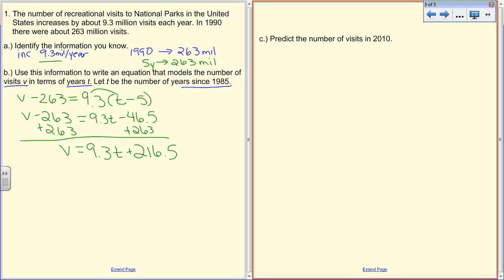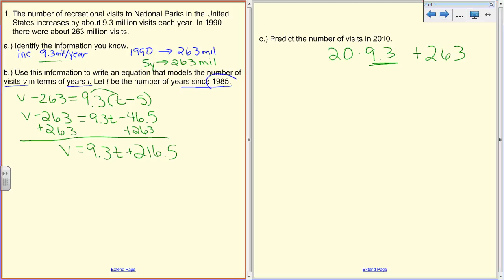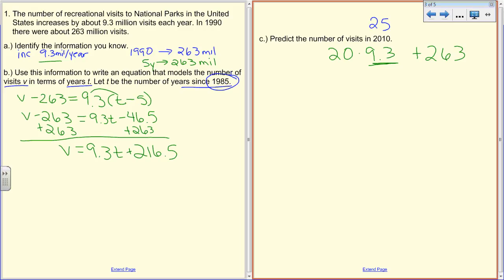Mm-hmm. So one way of doing it is to do 20 times 9.3, because that's your increase, right, guys? And then add that on to the 263. That's one way of doing it. Seth? 25. Well, the other way of doing it is, if we're looking from 1985, it's going to be 25 years, correct?